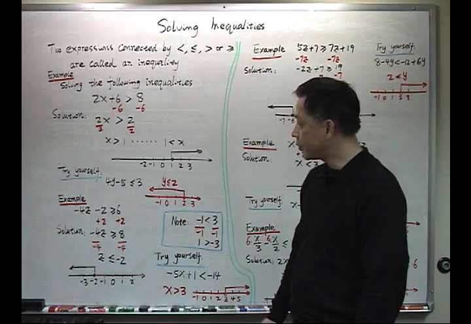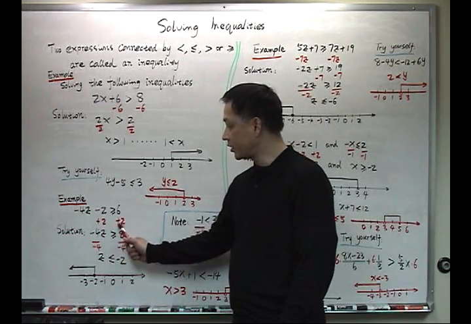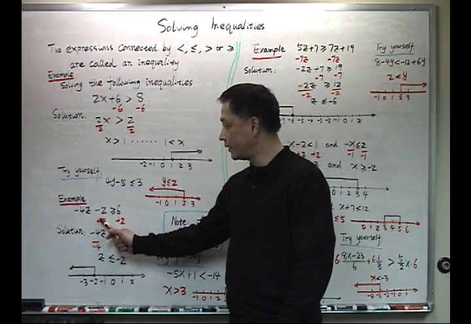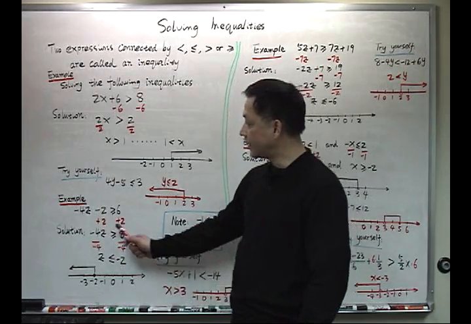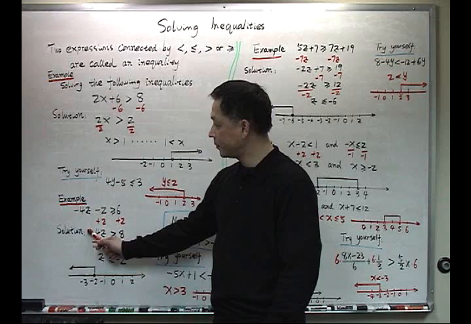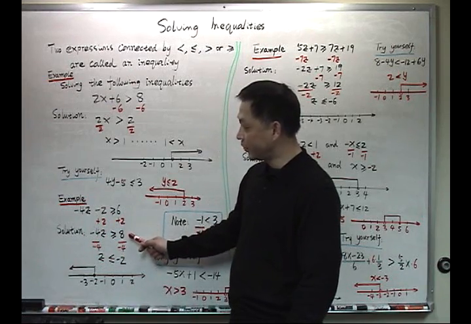The second example, you want to add 2 on both sides, and the negative and positive 2 cancel each other. The left hand side, you have negative 4z left over. The right hand side is 6 plus 2, which is 8.